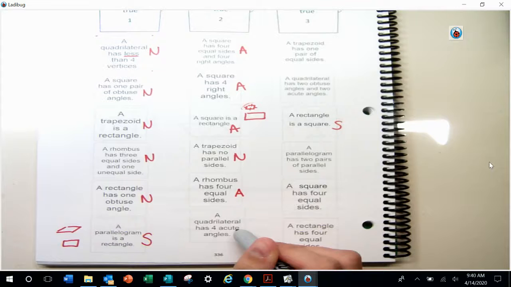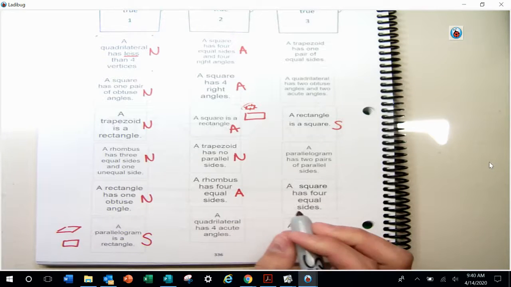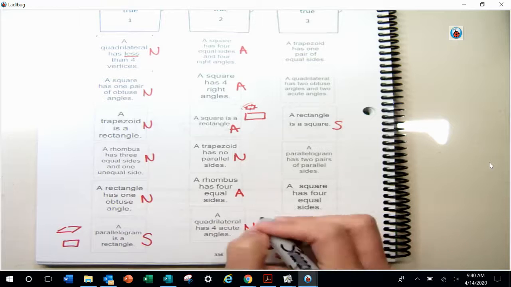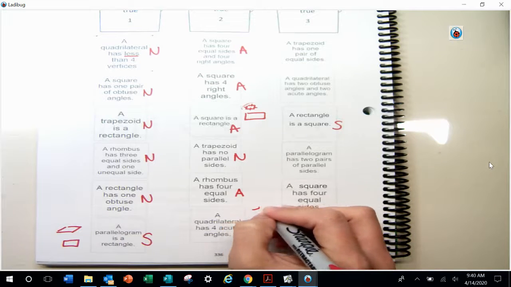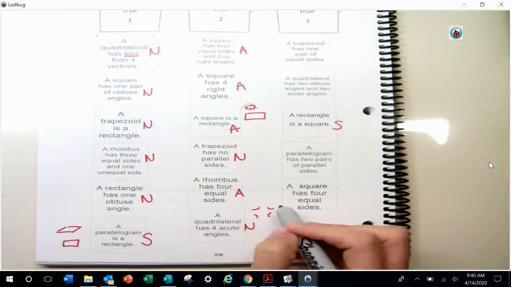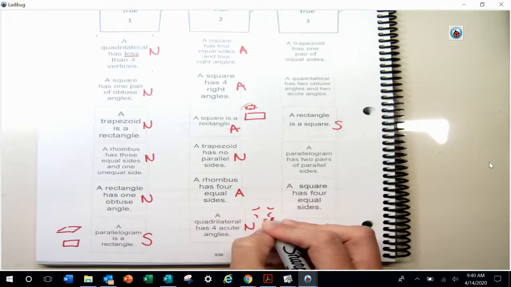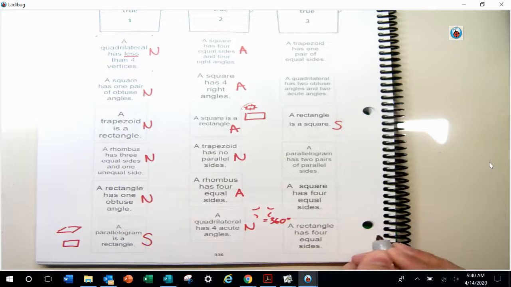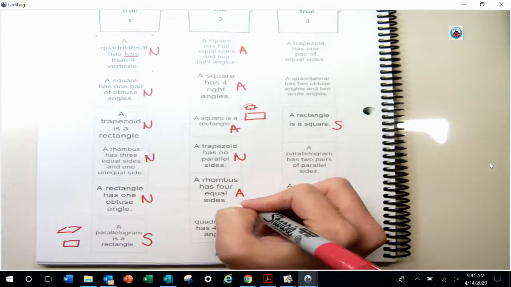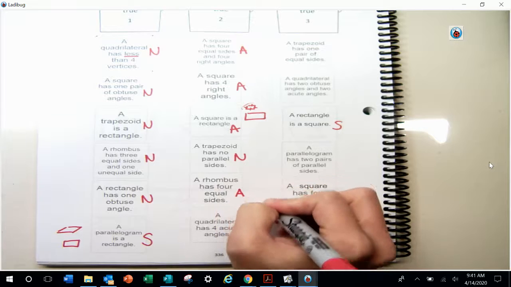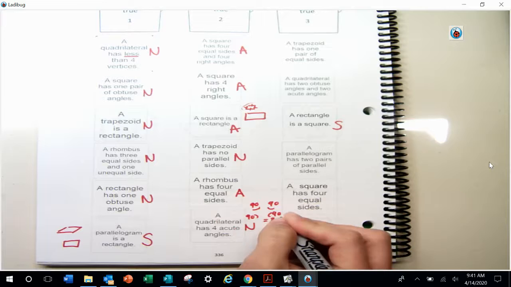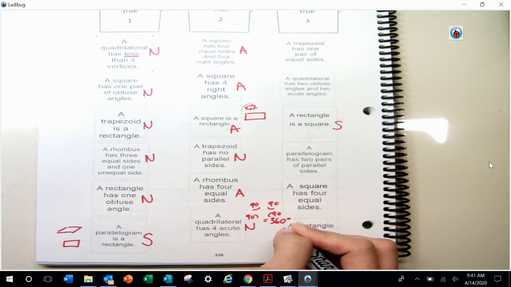A quadrilateral has 4 acute angles. This is never true, guys. If I add all the angles up, 1, 2, 3, 4, whatever quadrilateral it is, they should all add up to 360 degrees. So I can't have acute angles less than 90, because 90 plus 90 plus 90 plus 90 gives me 360.